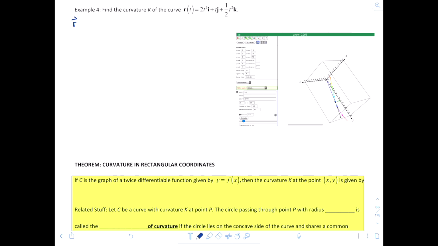So R prime at t is equal to 4t i plus 1 times j plus t times k. And then R double prime at t will be 4i plus k.